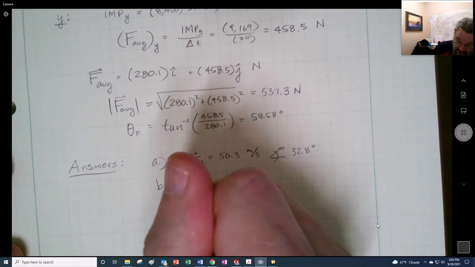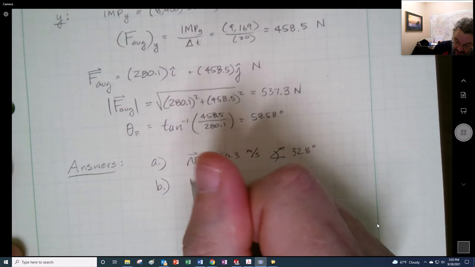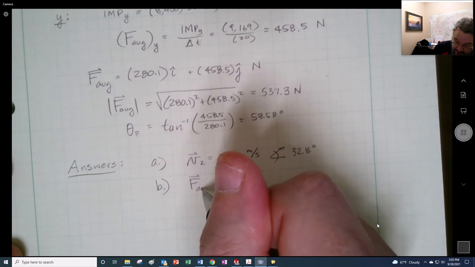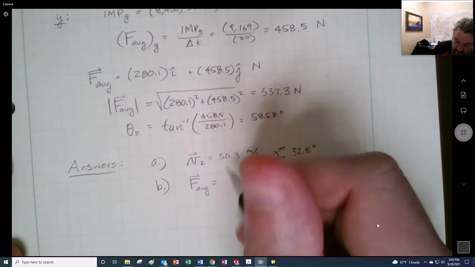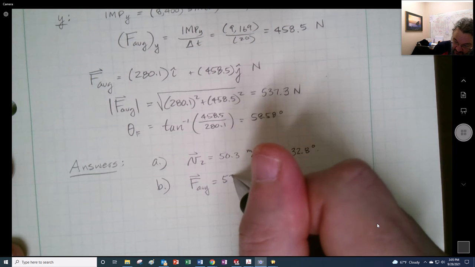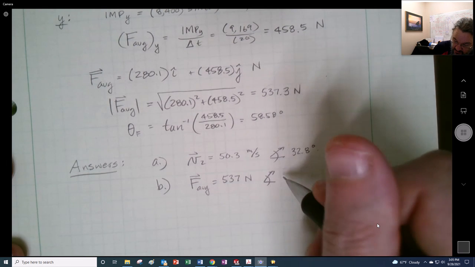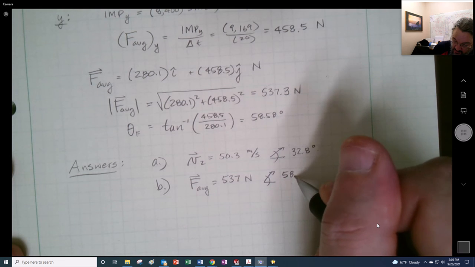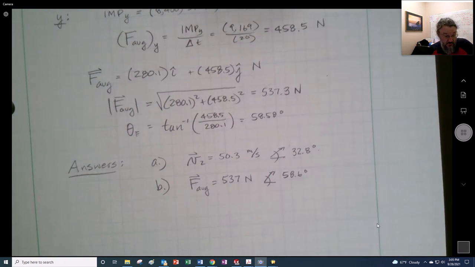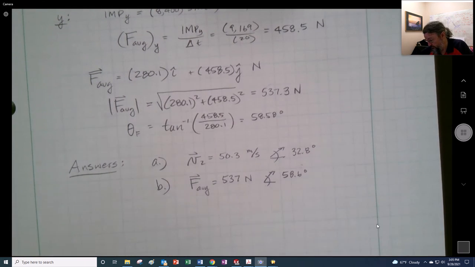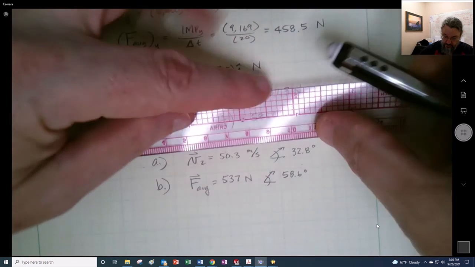And then B, we're going to have the average force of 537 newtons, but it's taking place at 58.6 degrees. And my ruler disappeared. So I'll box them up.